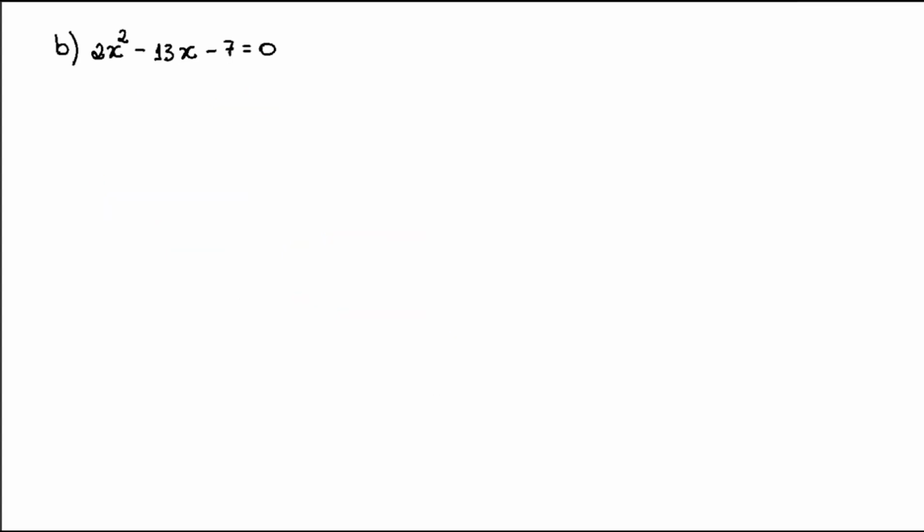Okay, now let's solve the equation 2x squared minus 13x minus 7 equals 0. This is not a perfect square equation because neither the first term nor the last term is a perfect square. So we need to factor the equation by splitting the middle term.